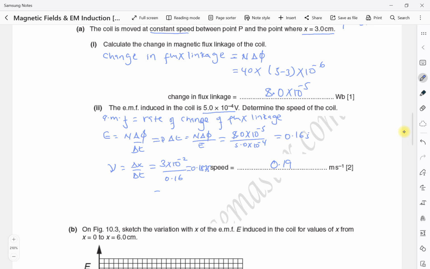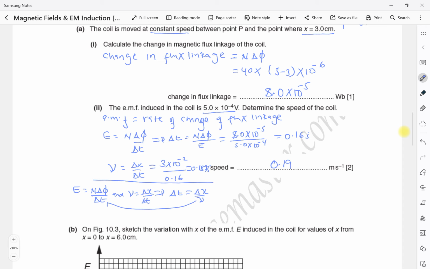Alternatively, I would just relate these two equations and come up with a single equation. For example, induced EMF is equal to the number of turns times the change in magnetic flux divided by time. And also we know that v equals distance over time, which is change in x over delta t. So where there is time, I'll put change in x over v.